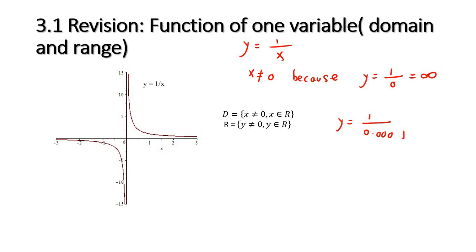To understand domain and range, either you can view it from the graph, or when you have a quotient function, we always say the denominator cannot be equal to 0. When it equals 0, you get infinity. Then the function is undefined.